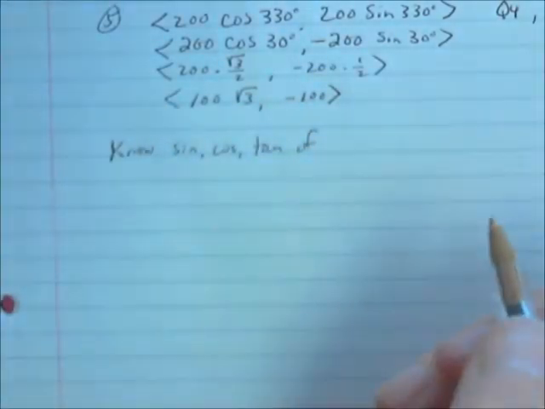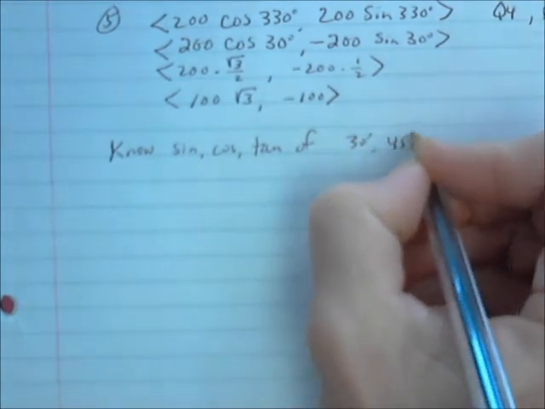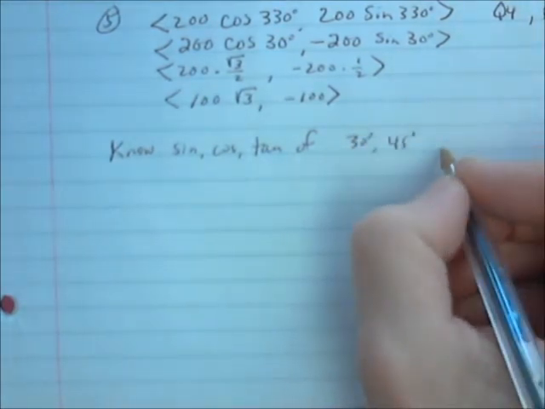I'd like you to know the sine, cosine, tangent of all the 30-degree, 45-degree multiples in all quadrants.